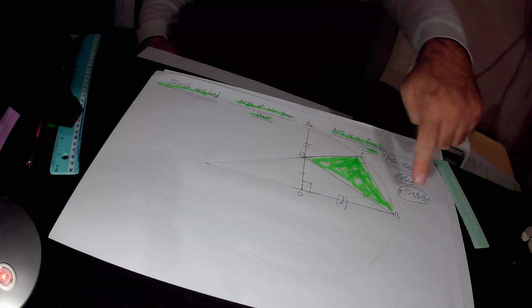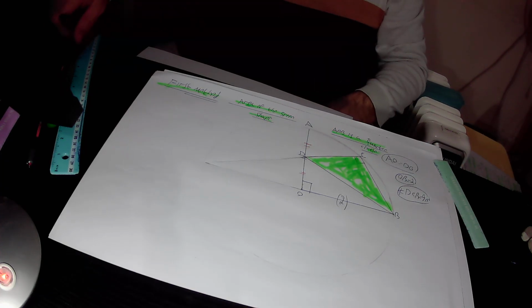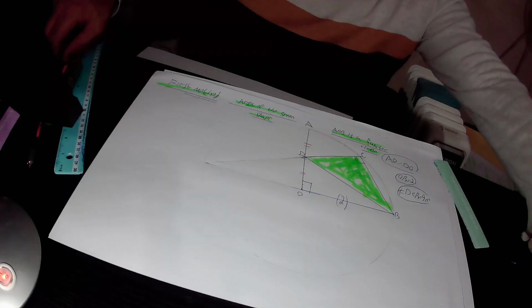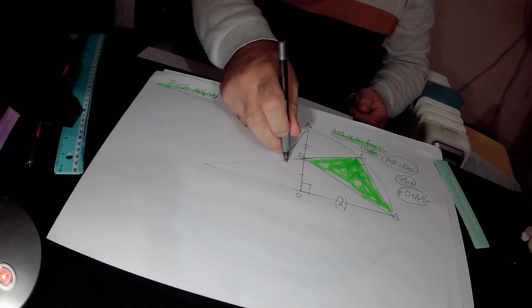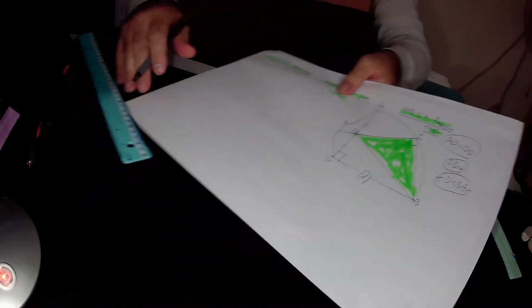But the radius OB equals 2, and therefore the radius OA must also equal 2 units in length. This is the radius AO of this quarter circle, which equals 2 units.